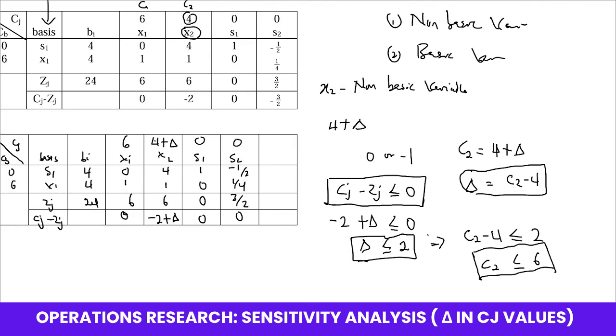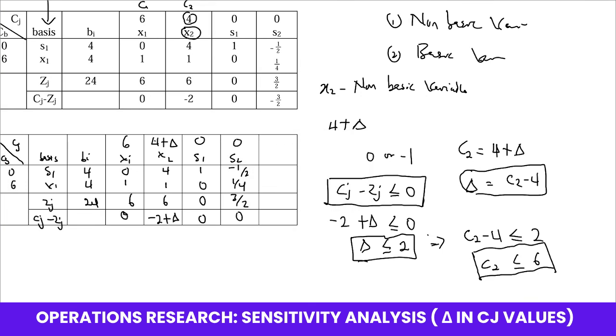This means that as long as C2 is less than or equal to 6, the present basic solution remains optimal. This implies that x1 and s1 will still remain in the basis with their optimal values, 4 and 4, and the value of Z is also going to remain the same.